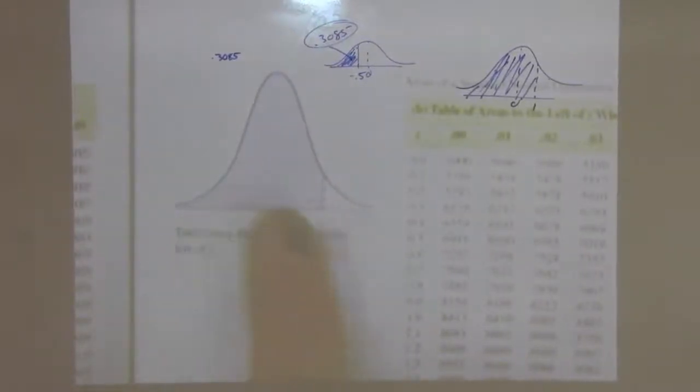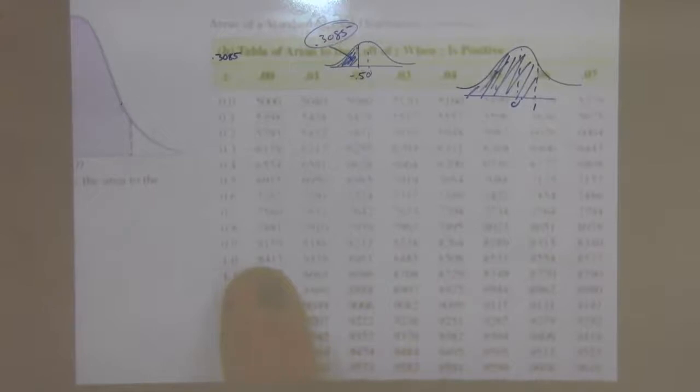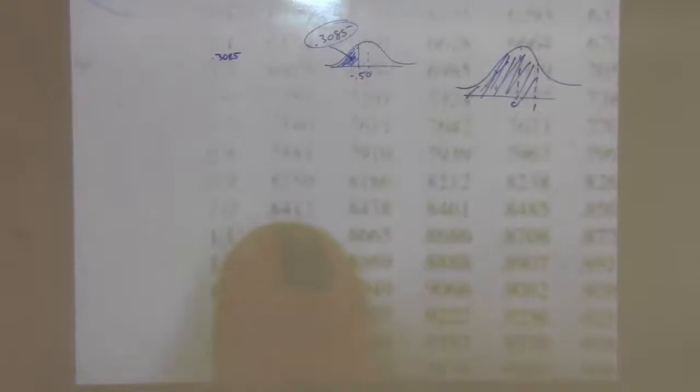So here's our book. Here's 1. And to the left of that, see how the chart is? To the left of whatever value we're talking about, that's going to be 0.8413. Take a look in your book too.